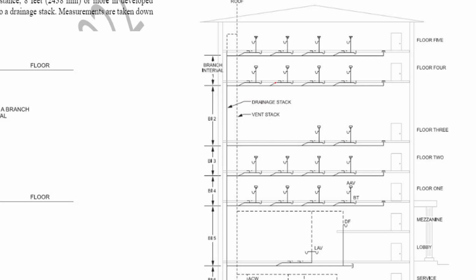So let's say, for example, this distance here was 20 feet and you had a funnel drain somewhere in the middle of this floor. And let's say the distance from here to here was 10 feet. Then this distance here would be the difference between the 20 and the 10, so it would be another 10 feet.